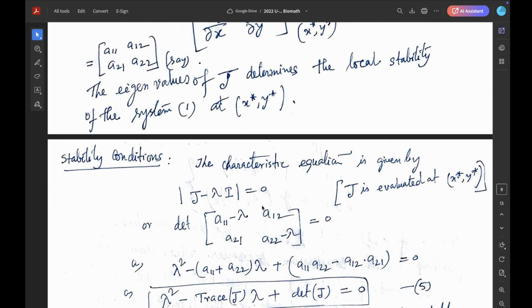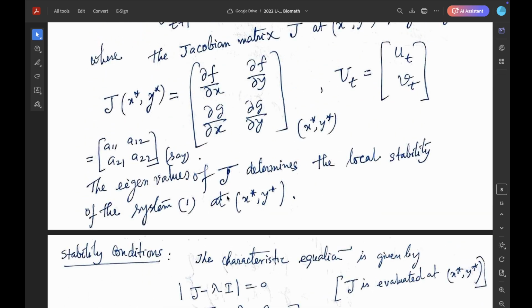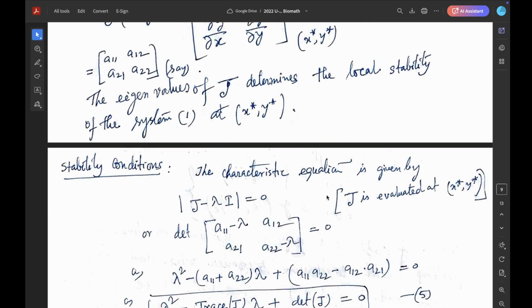determinant of J minus lambda I equal to 0, where J is evaluated at this point x star y star. So determinant of the matrix a11 minus lambda, a12, a21, a22 minus lambda equal to 0.